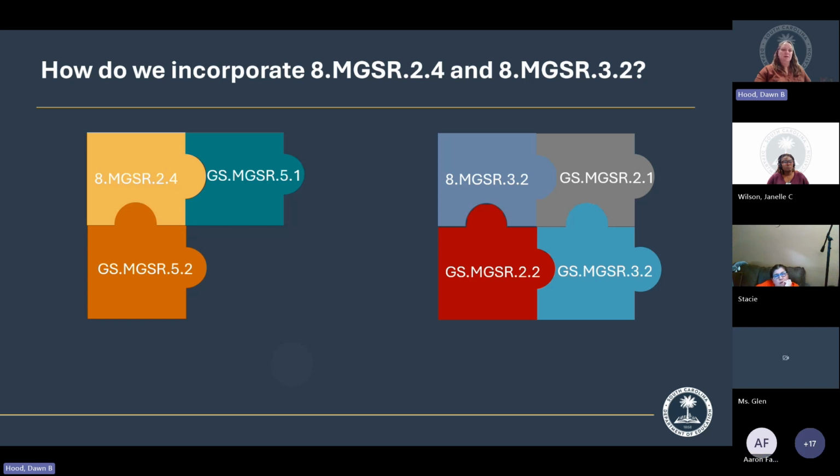So I think those fit nicely together. And then GS MGSR 3.2, demonstrate that triangles and quadrilaterals are congruent by a combination of translations, rotations, and reflections.